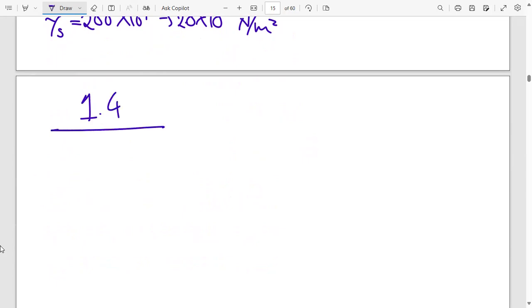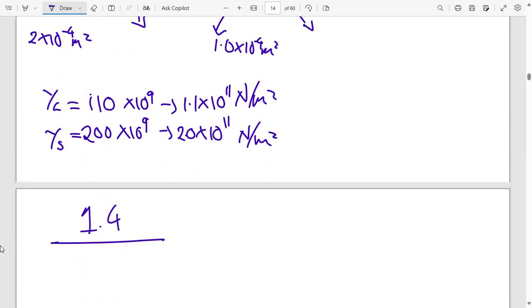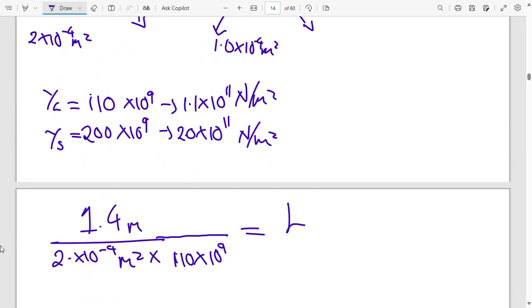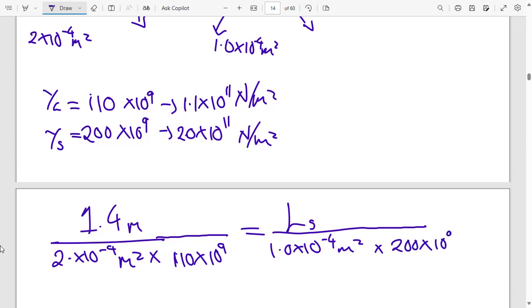Then we have the cross-sectional area, which is 2 times 10 to the power minus 4 meters squared, multiplied by 110 times 10 to the power 9, and this is equal to L of steel, which we don't know, multiplied by the cross-sectional area, which is 1.0 times 10 to the power negative 4 square meters, multiplied by the Young's modulus, which is 200 times 10 to the power 9.